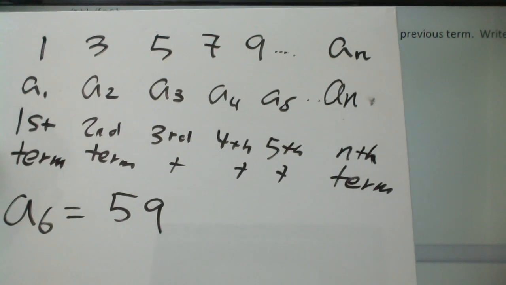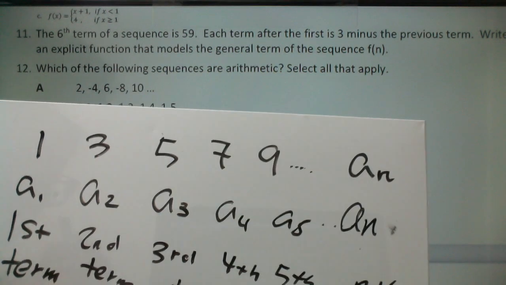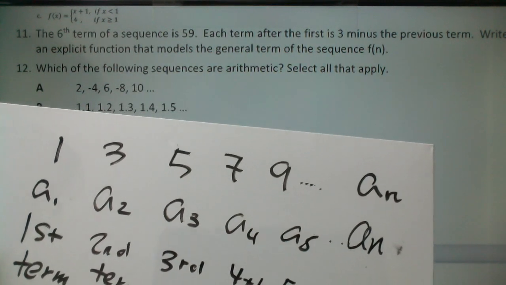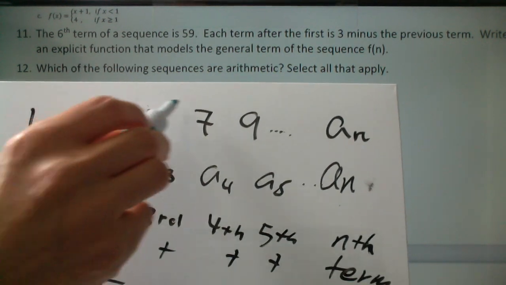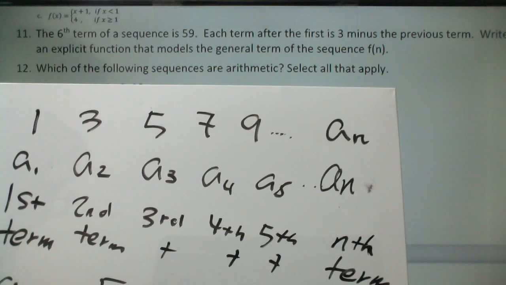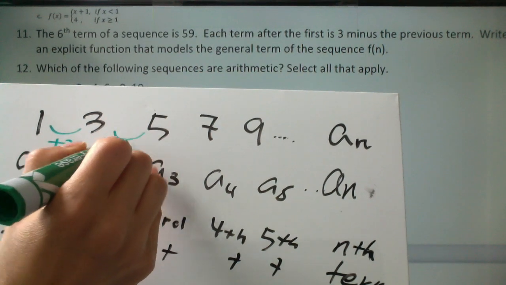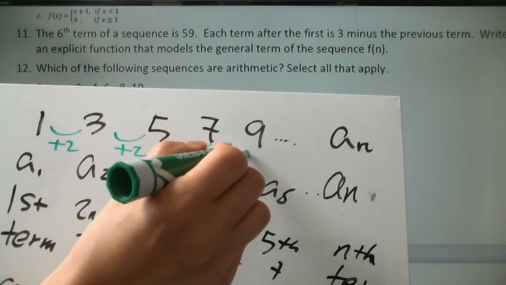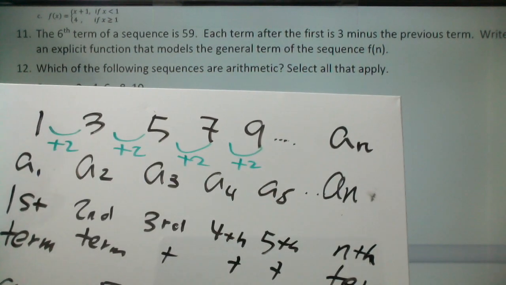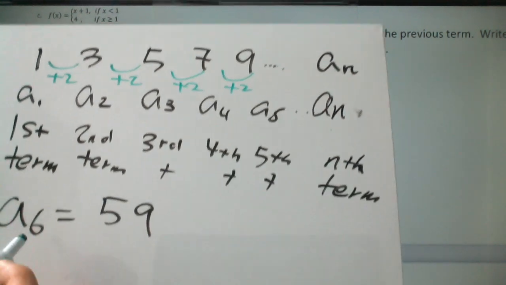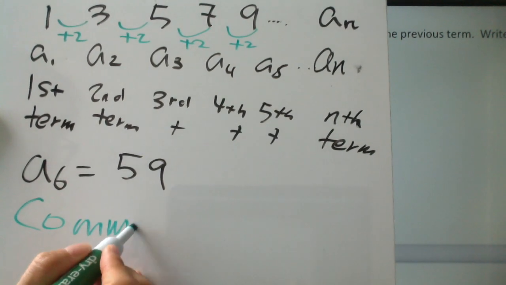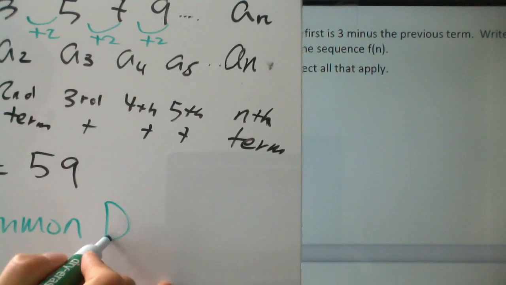Okay. And next. When you look at this, it is my own sequence, just an example. So I'll add 2 every time. This is the common difference.